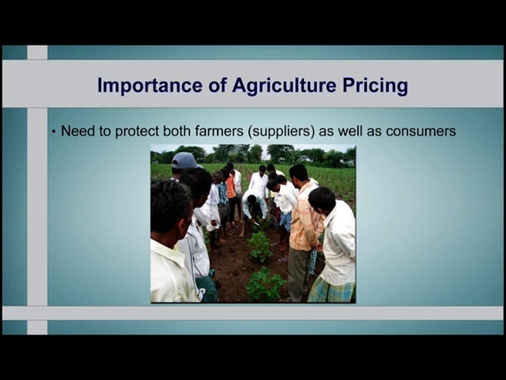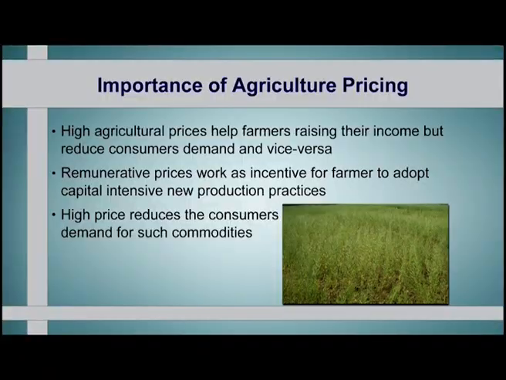The government needs to protect both farmers, that is suppliers, as well as consumers. High agriculture prices help farmers in raising their income but reduce consumers' demand, and vice versa. A suitable price policy can help both.